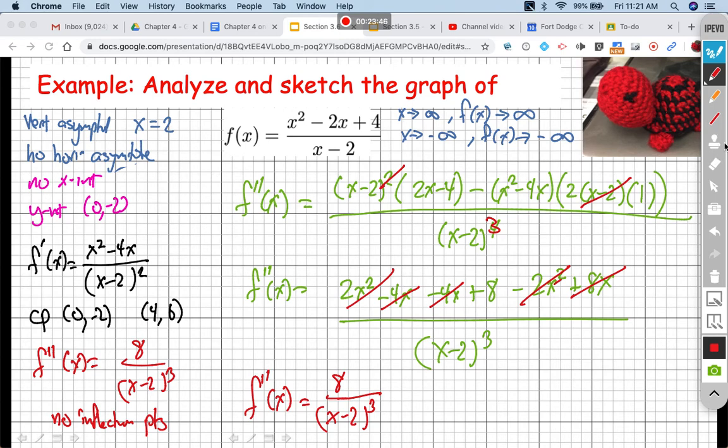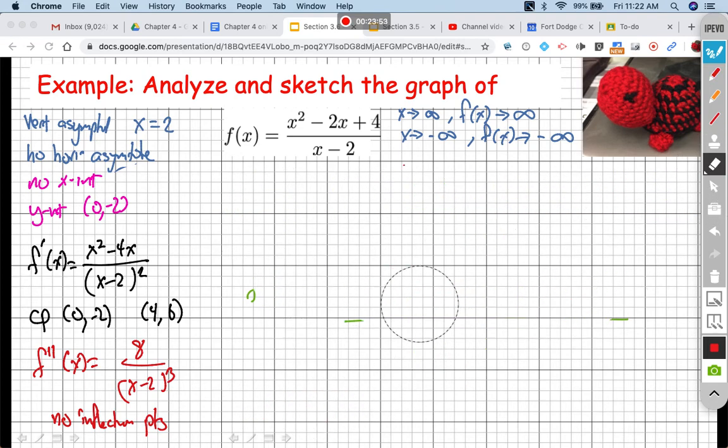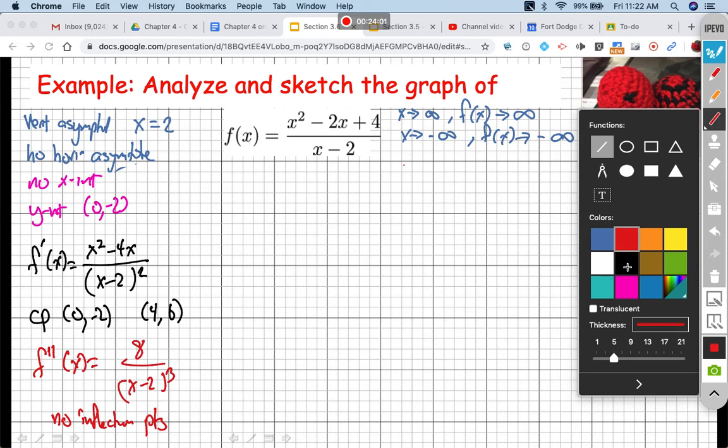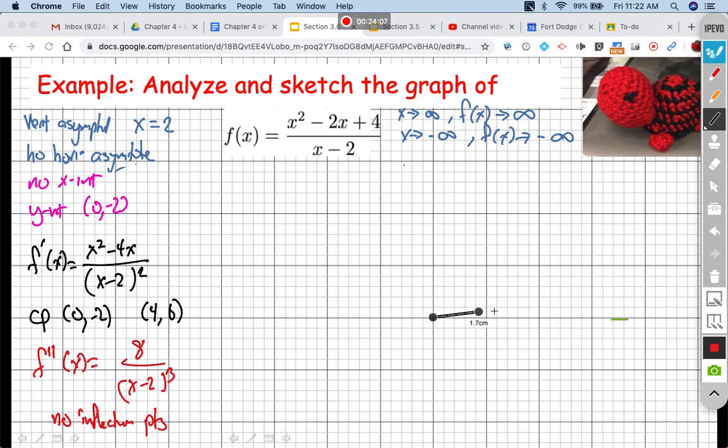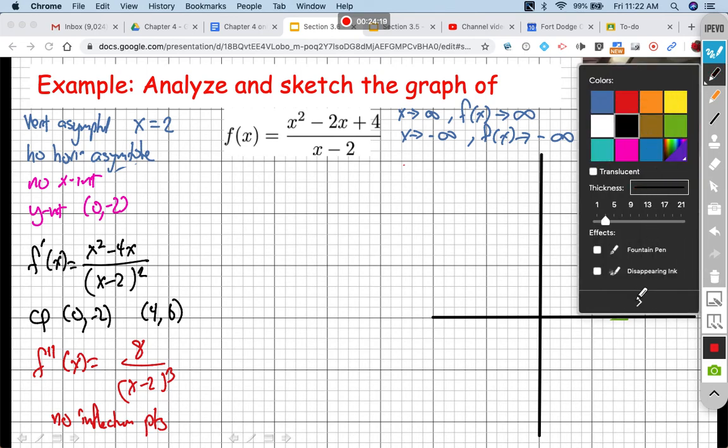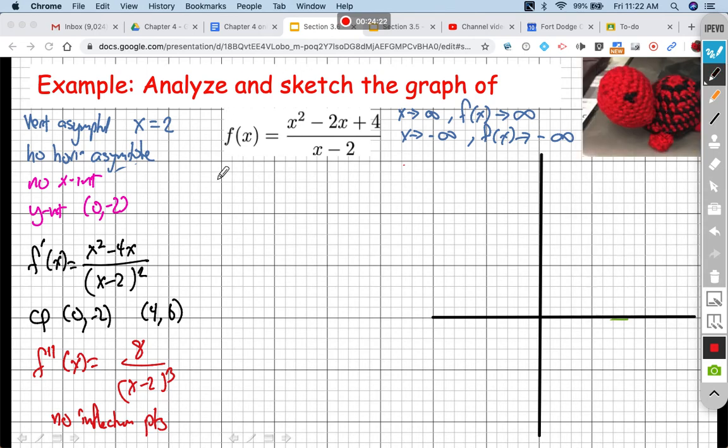Okay, so let's start putting things together now. Let's see if I can make this work. So if I look here, x has to go up to 4 for one critical point.